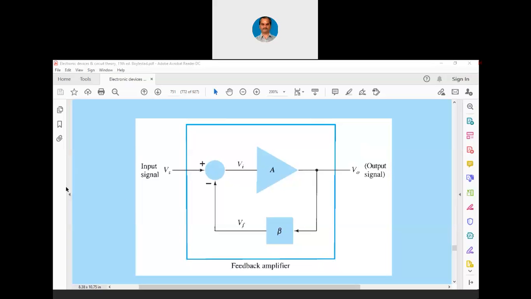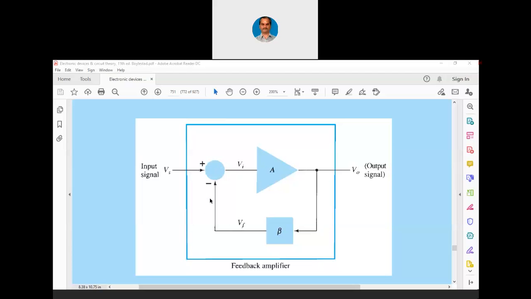Fine, let me come back to analog circuits now. We have this amplifier, and now we have a concept called feedback. A portion of the output signal we take through a feedback circuit, and then we connect that portion back to one more circuit, which is a summer. Here the summer has two distinct symbols, plus and minus, meaning we use this feedback signal at the input to be subtracted from the input signal.